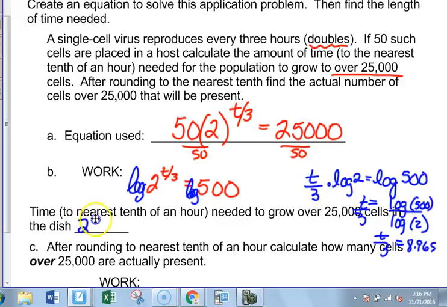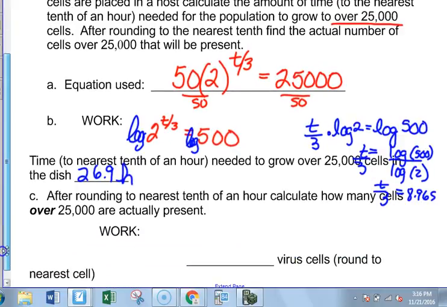This rounds up to 26.9, and I think because it rounded up, we're going to be fine. Okay? We didn't cut off anything, we rounded up. So the question on the test actually says nearest tenth of an hour, okay? But you need to double check that you get over 25,000.